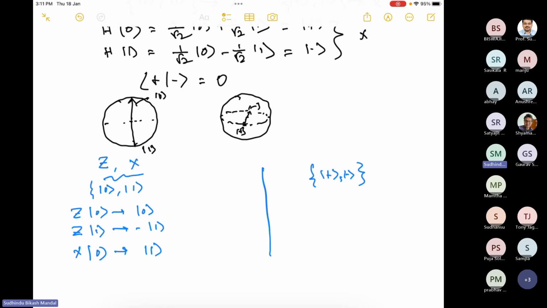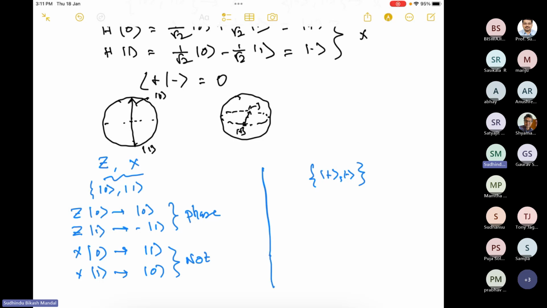But here it will not map to the same eigenvector, 0 to 1, these two vectors are not the same. And if I apply this one over there, it will give you 0. So here it is a NOT operator, and in the computational basis the Z gate acts as a phase shifter. It will shift the phase only.